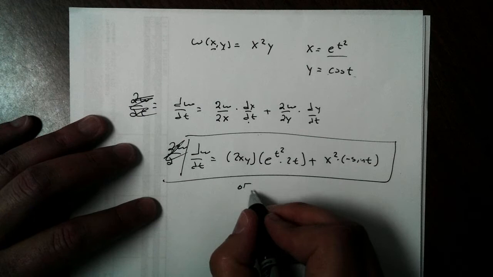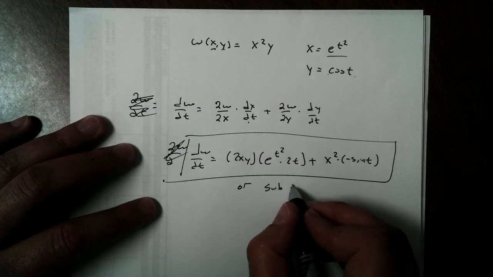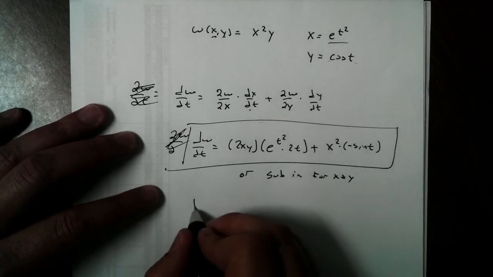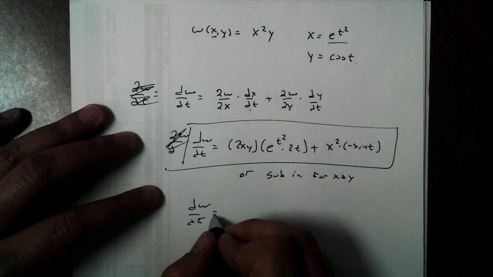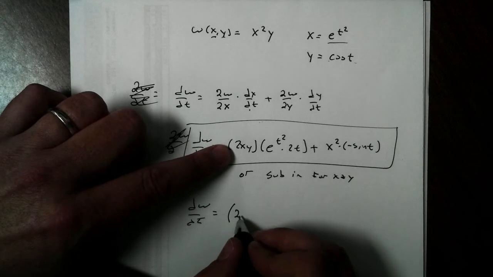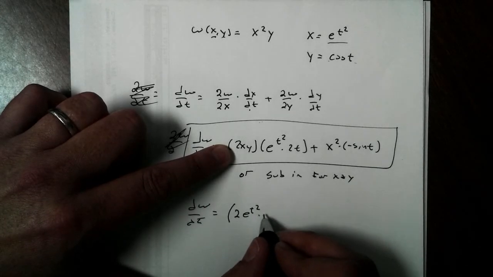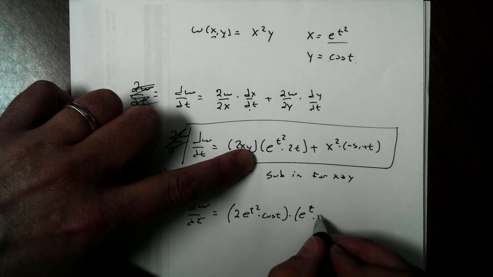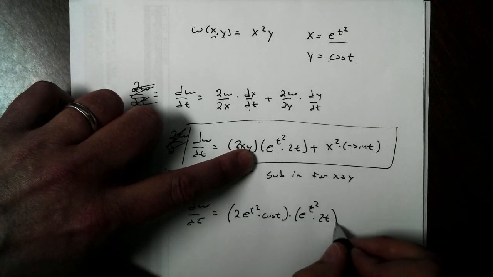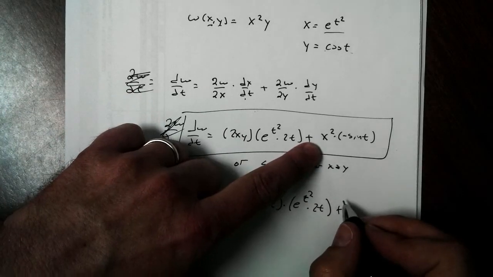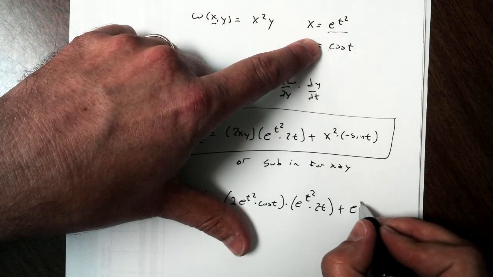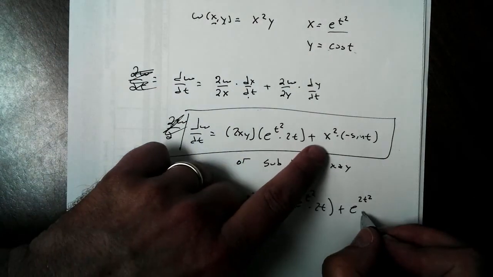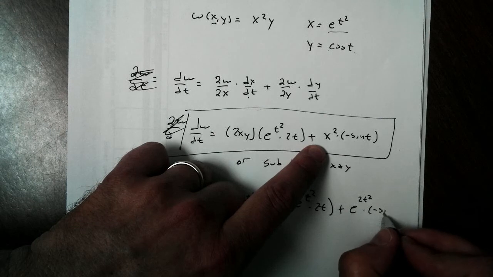Now, or you can sub in for x and y. It's not much, but you would get this then. 2 e to the t squared times cosine of t times e to the t squared, 2t, plus x squared, which is going to be e to the 2t squared, times negative sine t.